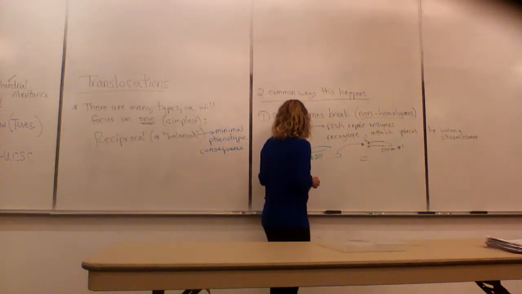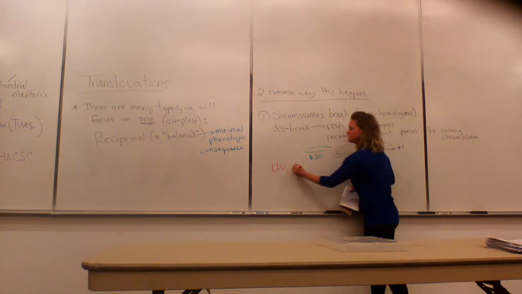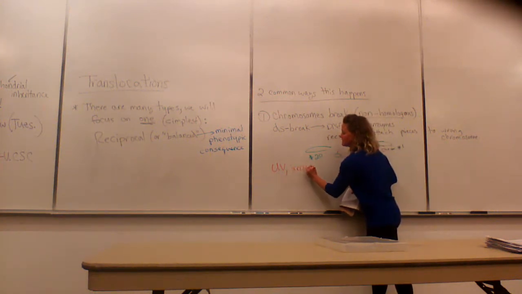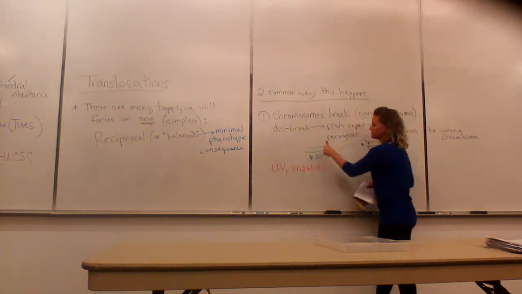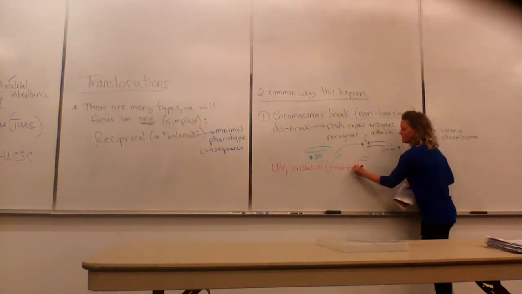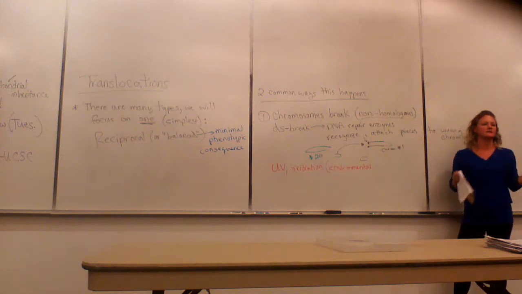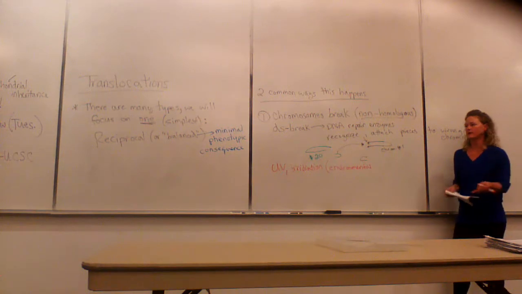But UV irradiation, things like that, this is big, tend to cause these double-stranded breaks. This would be an environmental cause of the break. And then the repair being wrong, the translocation, that just happens afterwards as your cell's trying to fix this, but it doesn't quite know how to do it perfectly.